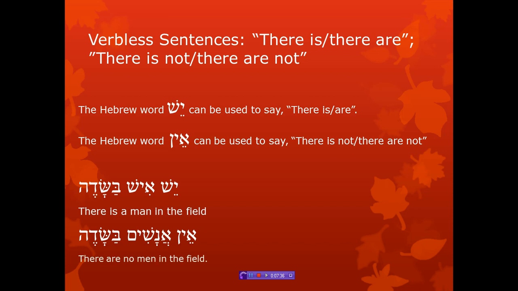Ein, no, there are no. And then anashim, since it's plural, that's how we know it's there are as opposed to there is. There is would be for a singular noun. There are no men basadeh, in the field. And again, the field is definite. We notice the patach beneath the bet.